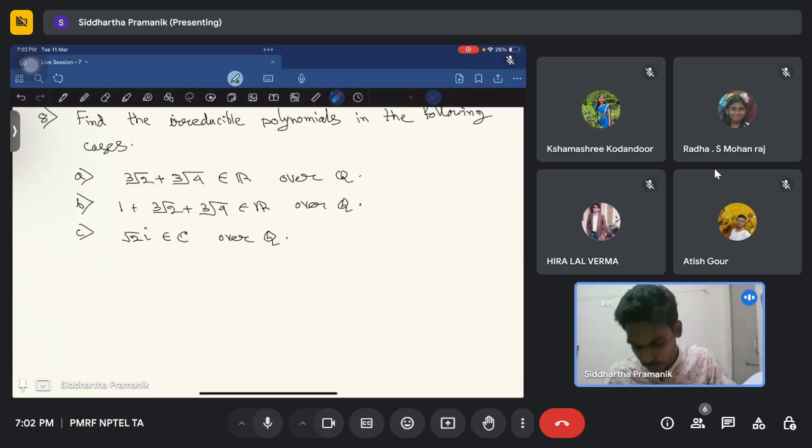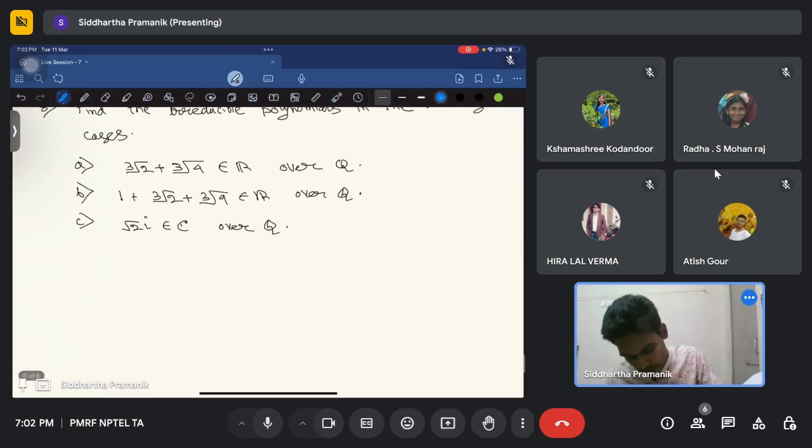So let me do the first one, or probably the third one, which is easier. So first I will do the third one. So from that you will get some idea. So we need to find an irreducible polynomial for this element, √2 times i.